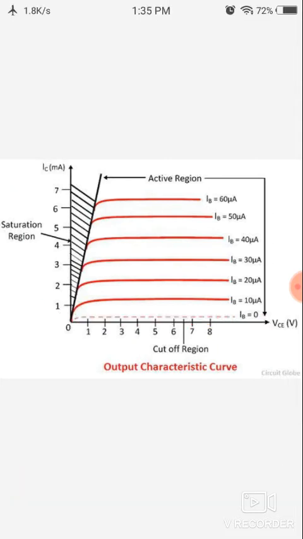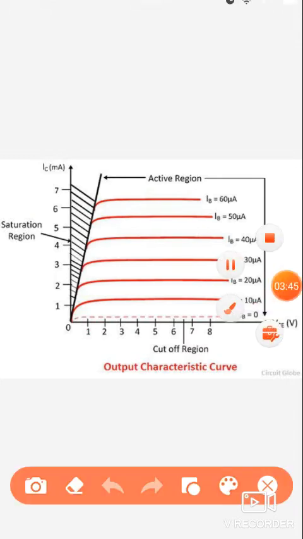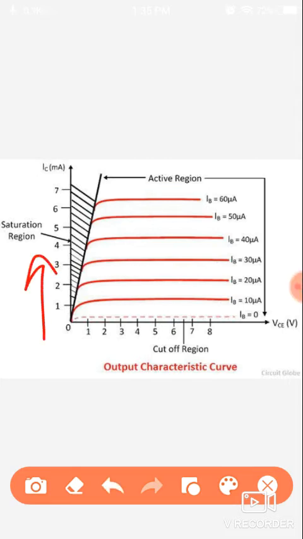But as we increase the value of base current and again start to draw the curve between IC and VCE, we see that the value of IC slightly increases from the first time when we had IB equal to 0. Again now we increase the value of base current to approximately 20 microampere, so again the IC current is increased.